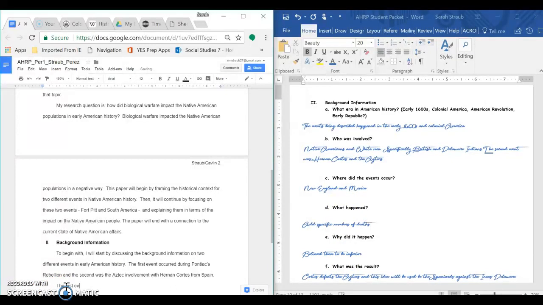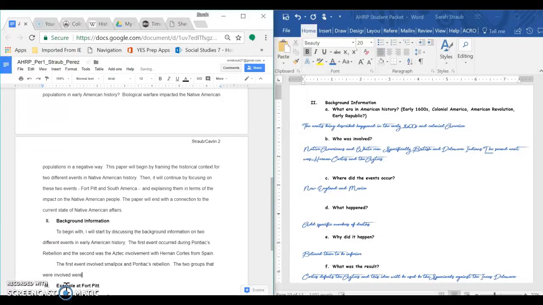So, the first event was what involved smallpox and Pontiac's Rebellion. The two groups that were involved were, and I'll have to include those details, these events happened near, and then I'll have to include those details.